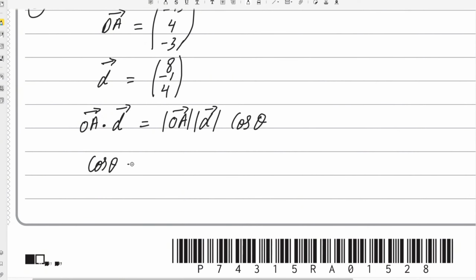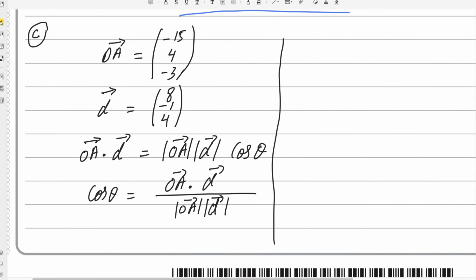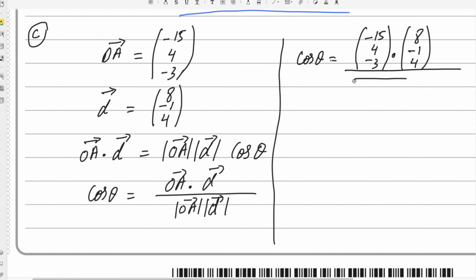So cosine theta is equal to vector OA dot vector D divided by the magnitude of these two vectors. Now plug in the values here. Cosine theta will be equal to vector OA, that is -15, 4 and -3, dot with vector D, that is 8, -1 and 4, divided by the magnitude of these two vectors.